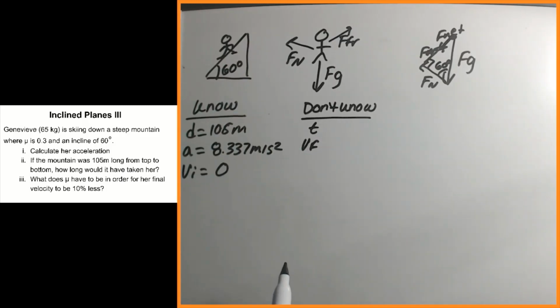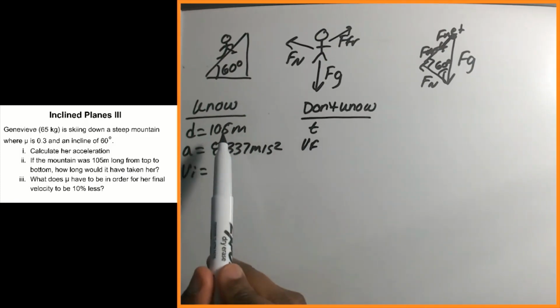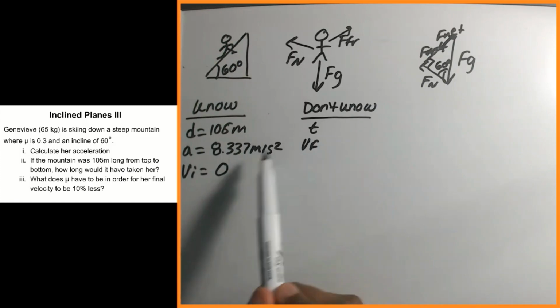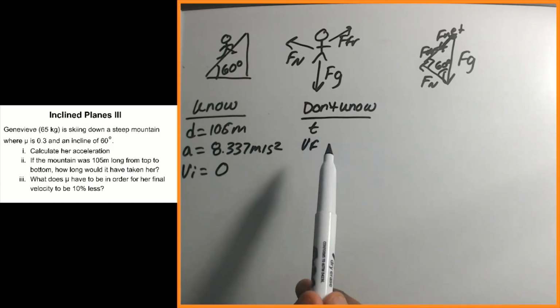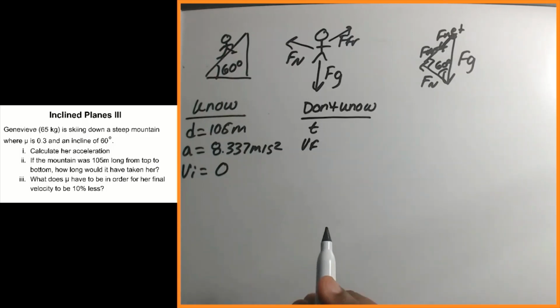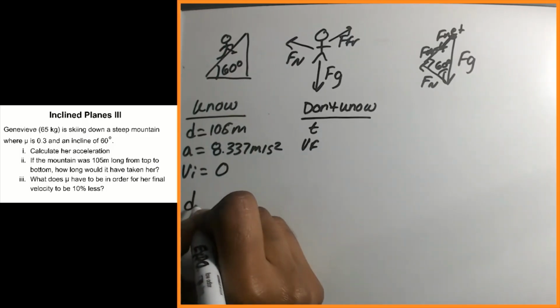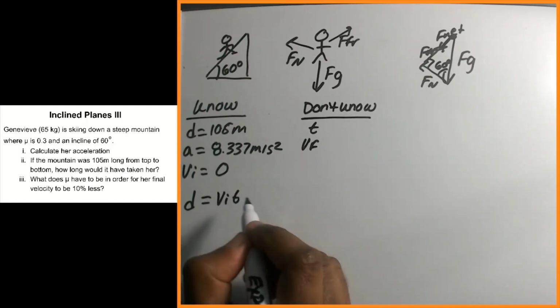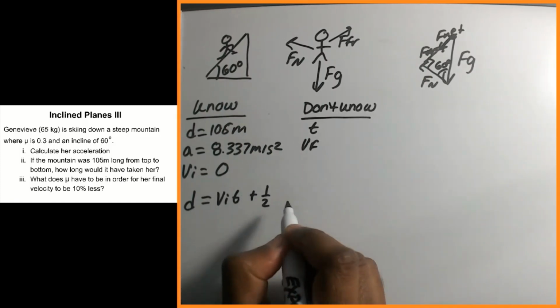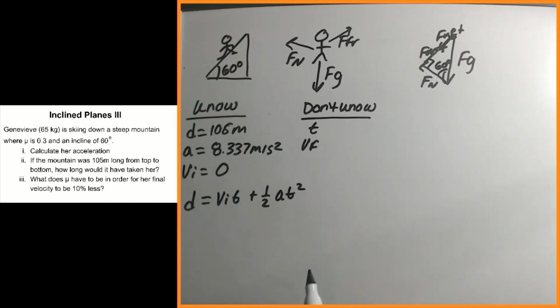All right, so let's look at which equation would be best suited for this. We have distance, acceleration, and the initial velocity, and what we need to do is find time. So the most appropriate equation would be this one: d is equal to vi times t plus 1/2 at squared. Let's plug in the values.